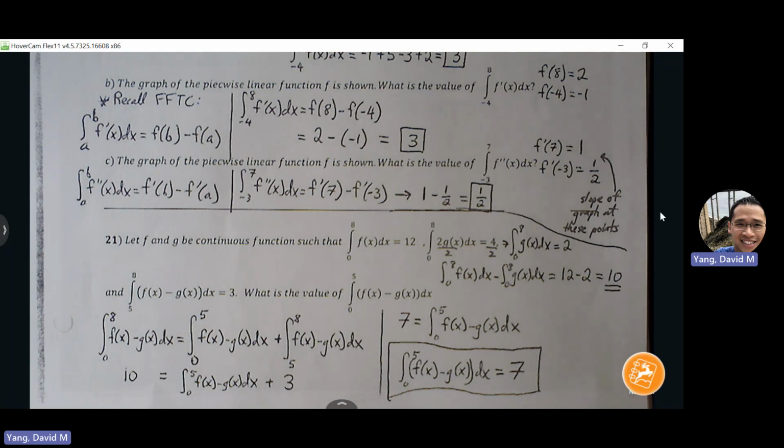So if I can isolate that g of x... Yeah, I understand that you're trying to isolate the g of x. I just thought that you would pull the 2 outside of the integral. You can, yeah. But then when you multiply your final answer by 2, you get 8.